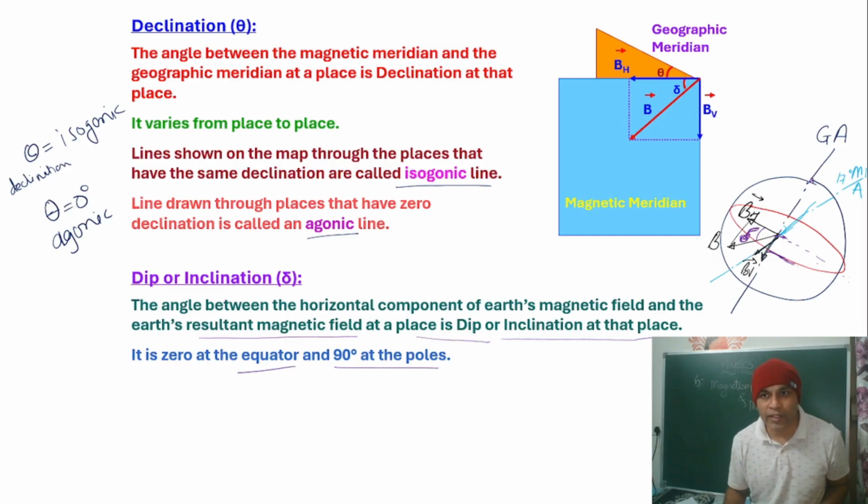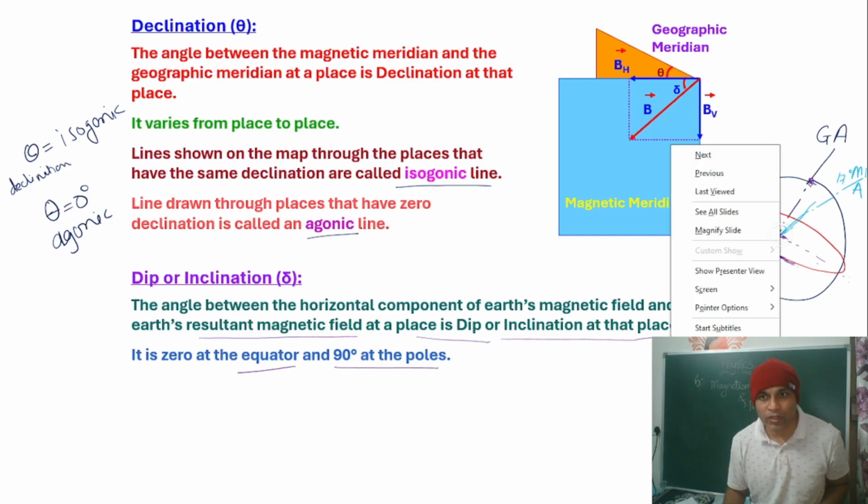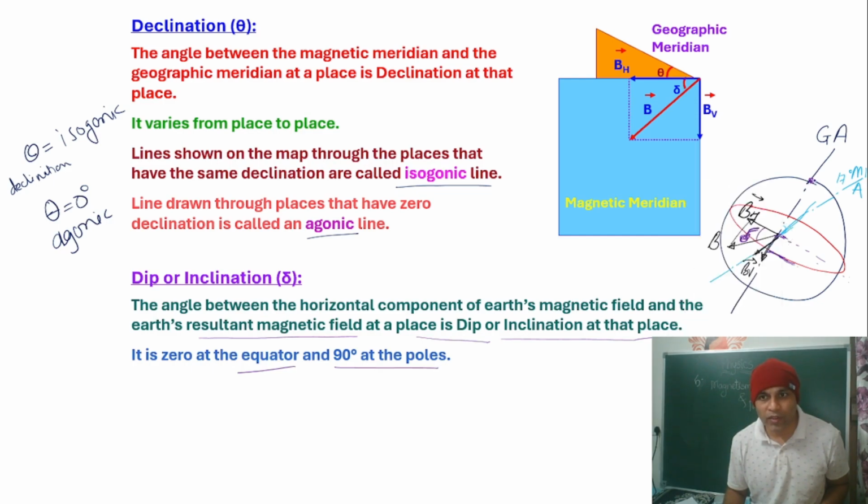Obviously, if I am standing here, I am at the internal. If I consider the pole, this point is on that line, so I am standing on the axis of the magnetic field, or the geographic field. I will say it is the magnetic field. I am standing here, then it is 90 degree to the magnetic field. So 90 degree at the poles.